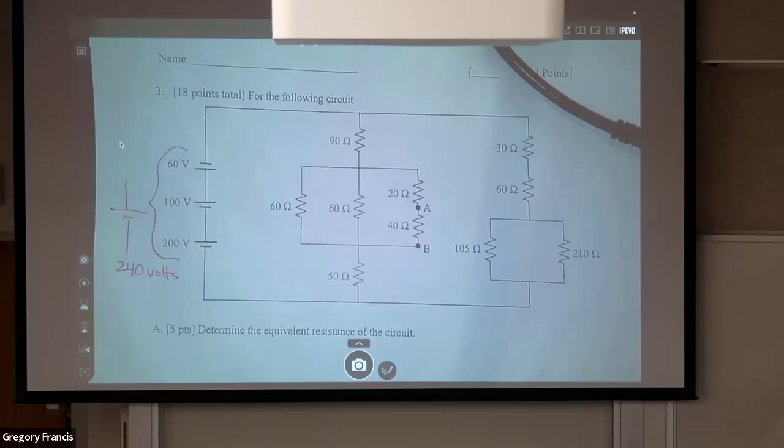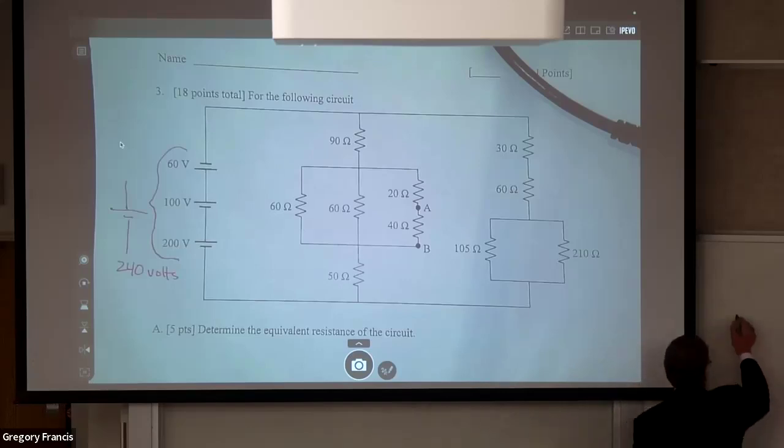Now, when I work these problems, I always ask the same 2 questions over and over again, and that is, what's in series, what's in parallel? So let me draw this circuit up here.